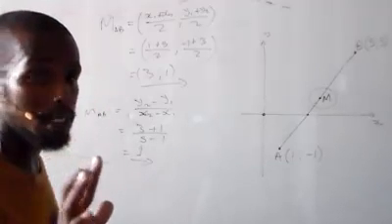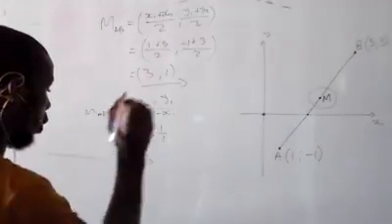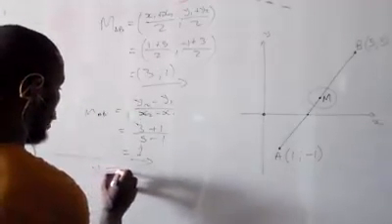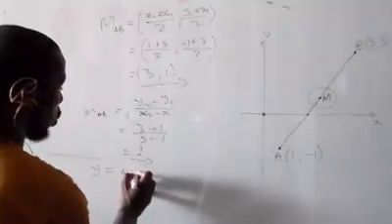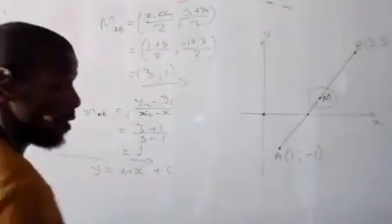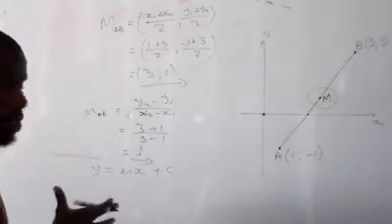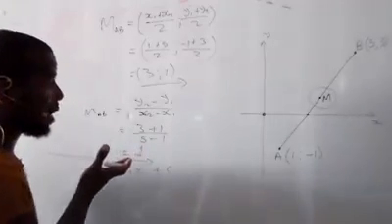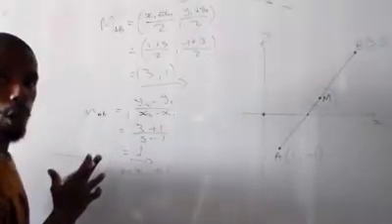We already found the gradient. So the formula for calculating the equation of a line is generally y = mx + c. We know our gradient, and we have found our midpoint.